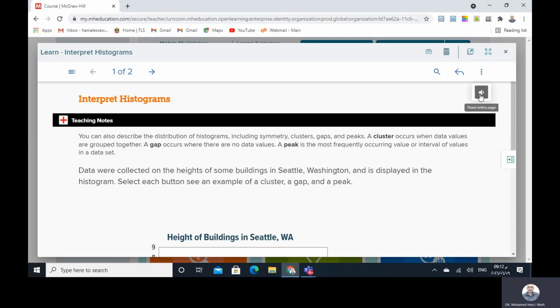Listen very well, please. Interpret histograms. Teaching notes. You can also describe the distribution of histograms, including symmetry, clusters, gaps, and peaks. A cluster occurs when data values are grouped together. A gap occurs where there are no data values. A peak is the most frequently occurring value or interval of values in a data set.